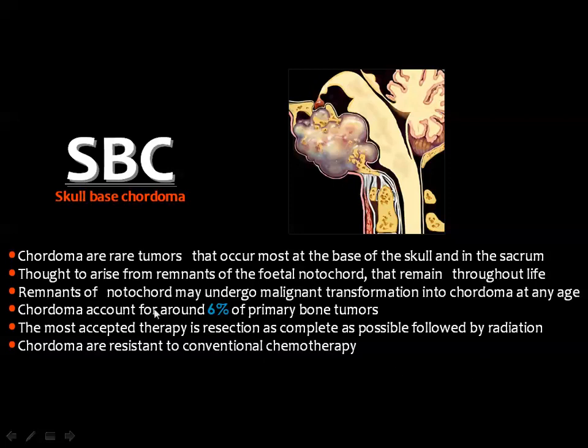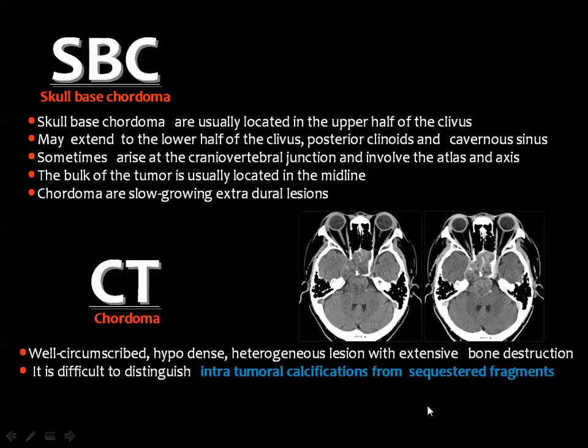Chordoma accounts for about 6% of primary bone tumors and is treated by resection followed by irradiation. Chordomas are resistant to conventional chemotherapy.